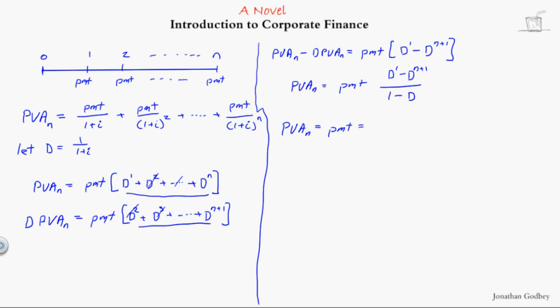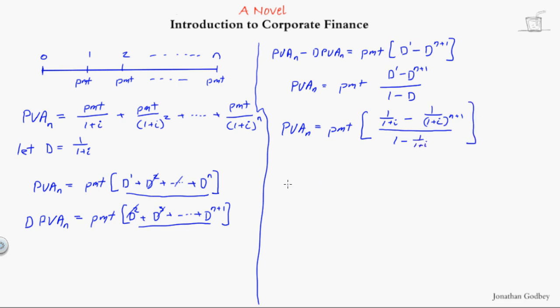I'm sorry, that's not equal. So it's the payment times 1 over 1 plus I minus 1 over 1 plus I to the n plus 1, divided by 1 minus 1 over 1 plus I.